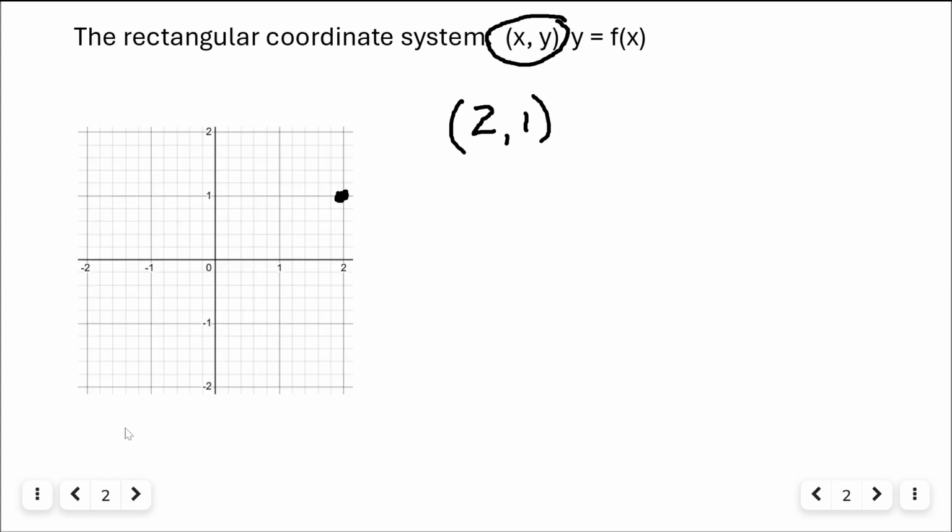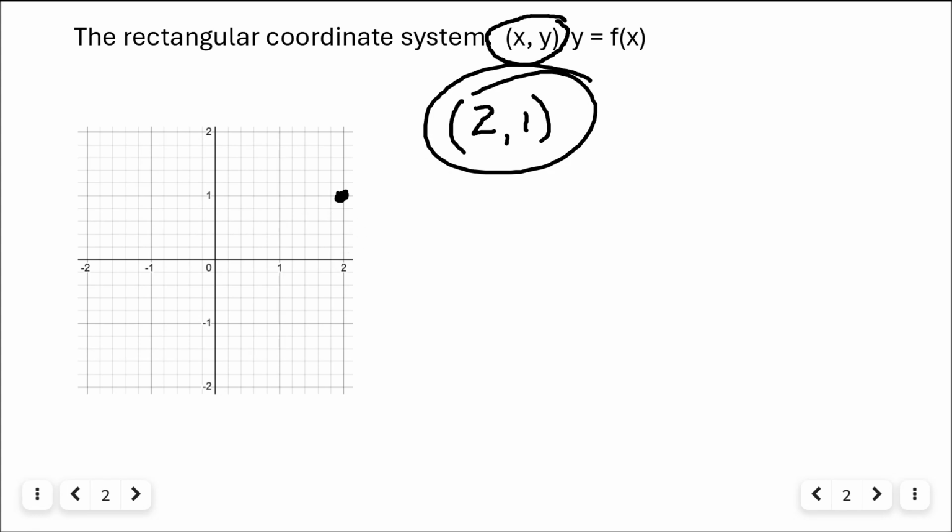The rectangular coordinate system looks like this. This is the one you're known and used to, right? So points are x comma y in ordered pair form, and then y is equal to f of x. So y is usually written in terms of x. For example, if I ask you to graph the point 2, 1, you go 2 spaces to the right, 1 space up, and make a point.